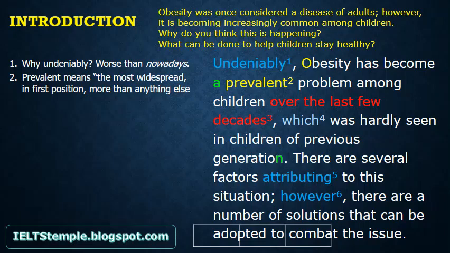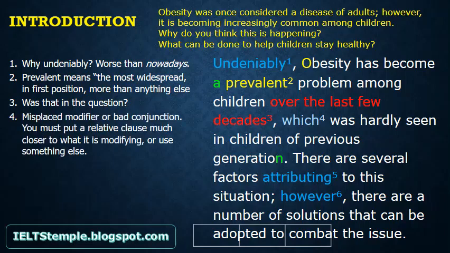That means it's the biggest problem among children over the last few decades. Wait a minute. Was there any time reference in the question? No. All right, so what happens next?